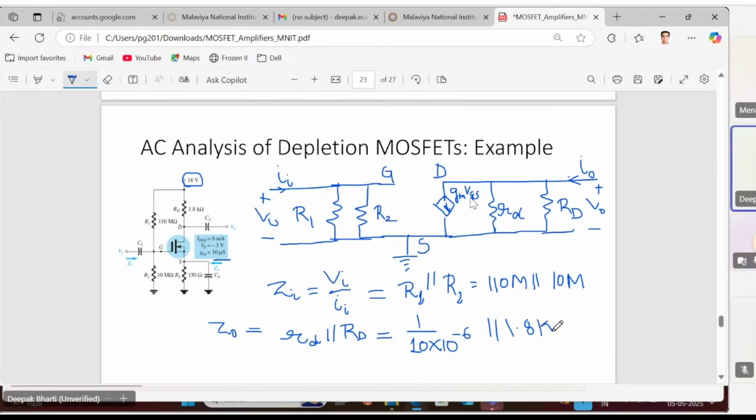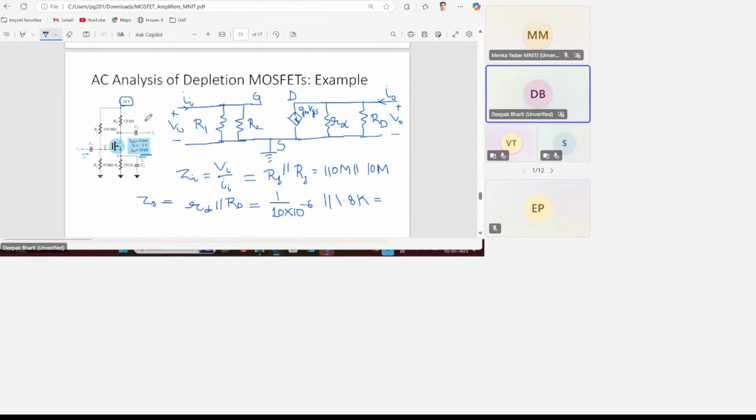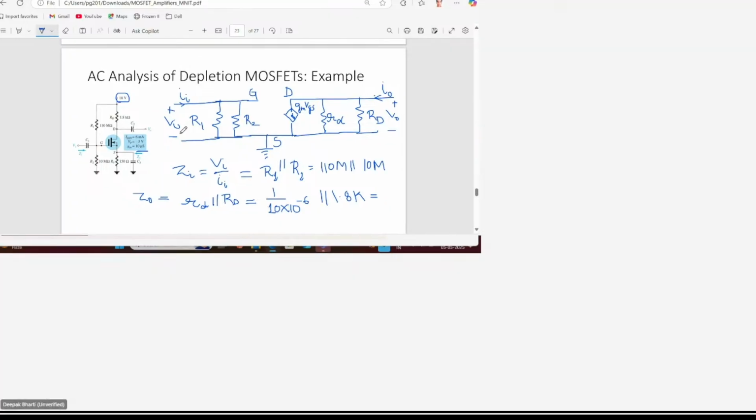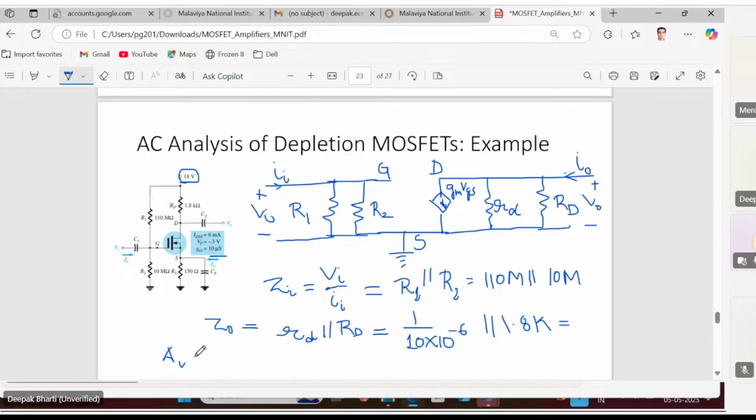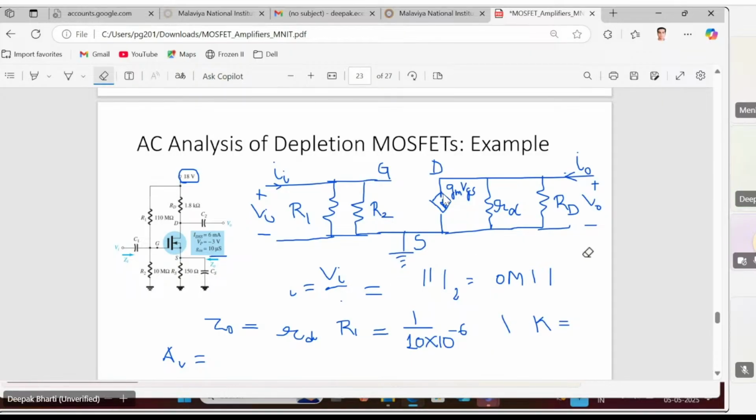Okay, so it is quite near to 1.8K itself. Then AV. So what will be the AV here? I guess it will be better if we write down the AV expression. The AV expression, let me rub this.